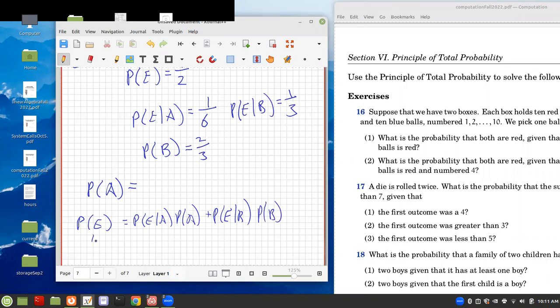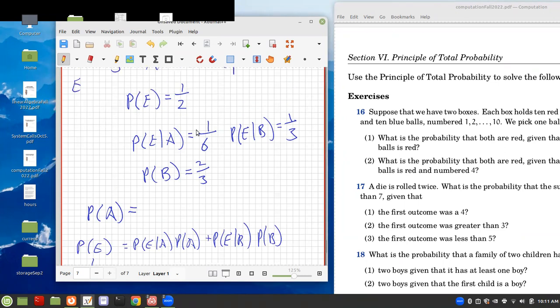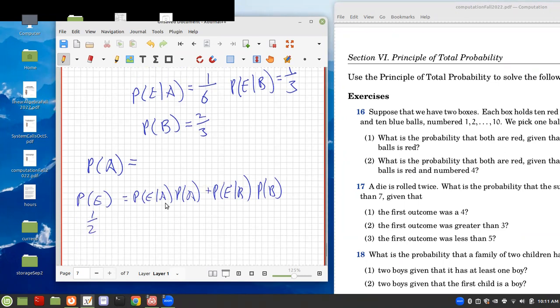We have a 1/2 here. The probability of E given A is 1/6. This is what we want to find, the probability of A, plus the probability of E given B, which is 1/3, times the probability of B, which is 2/3.